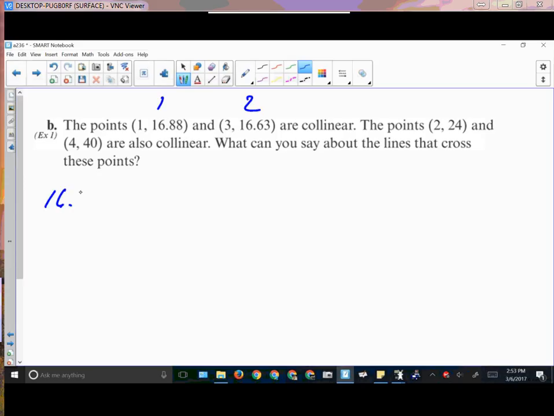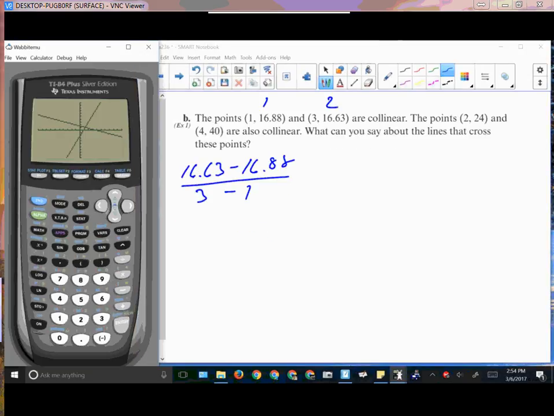So that's going to be 16.63 minus 16.88 over 3 minus 1. Writing down the numbers is simple. So what is that when you subtract the two? Well, I suppose you could just use your calculator. 16.63 minus 16.88, which is what I would do instead of complaining about things.